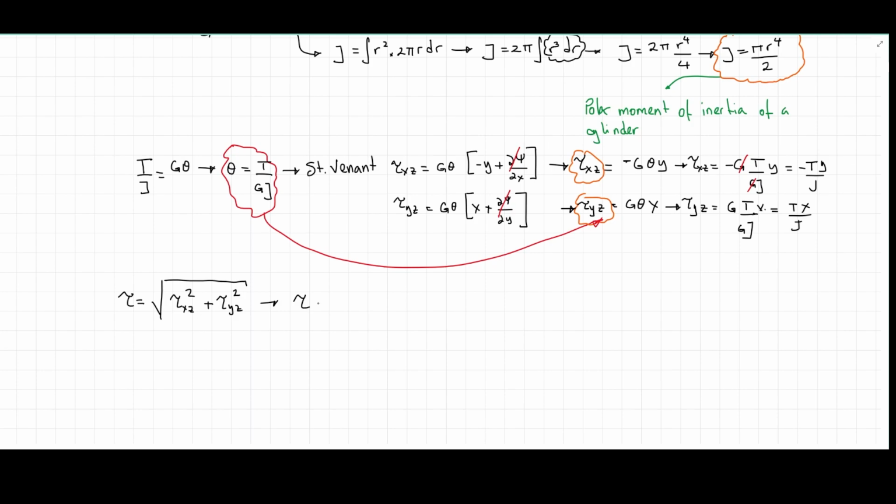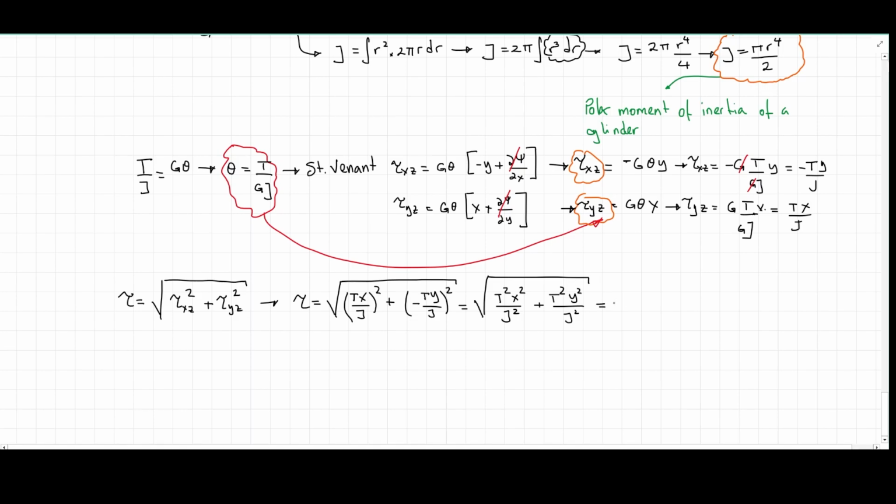The first one is Tx divided by J, squared, plus the other one, minus Ty divided by J, squared. That's going to be T squared x squared over J squared, plus, negative sign goes away, y squared over J squared.